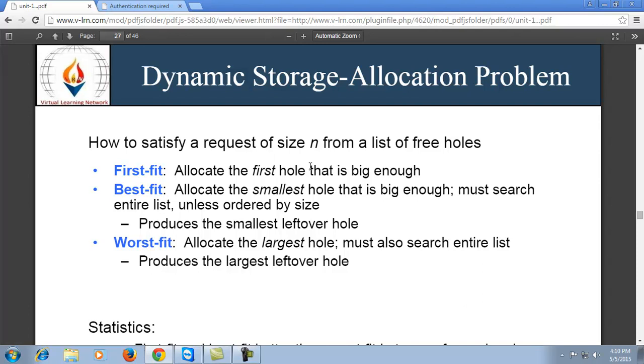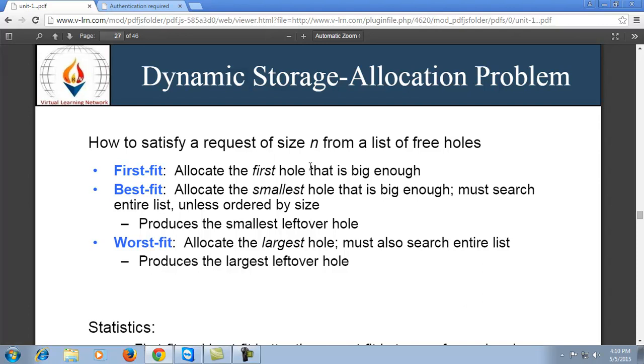We can say worst fit is a kind of allocation method. In this, we are looking for the largest enough memory for storing the data. We are not going to care, as with first fit, about how much space is wasted and where it is located. Allocate the largest hole.